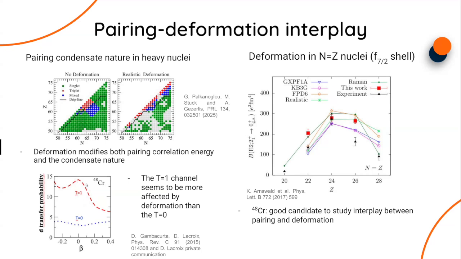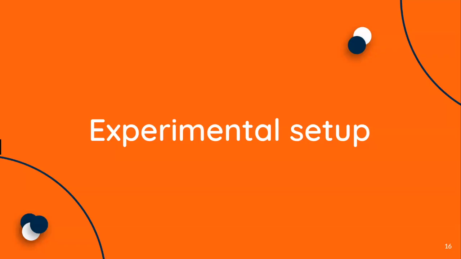So the T=1 channel should go down a lot because of the deformation of 48 chromium. So we expect to see, maybe already we see, that we have less T=1 strength in the f7/2 half shell, but maybe we have even less because of the deformation of 48 chromium. So there's an interesting interplay of both effects to study in this nucleus.